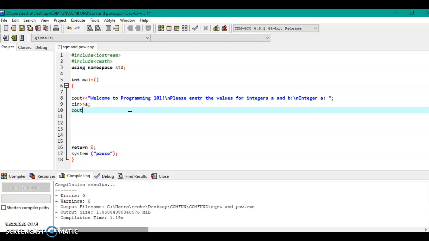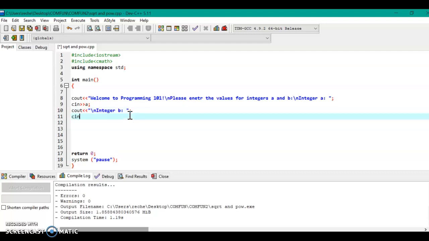And then we're going to ask the user to enter the value for integer b, right? Okay. So space, and then cin integer.